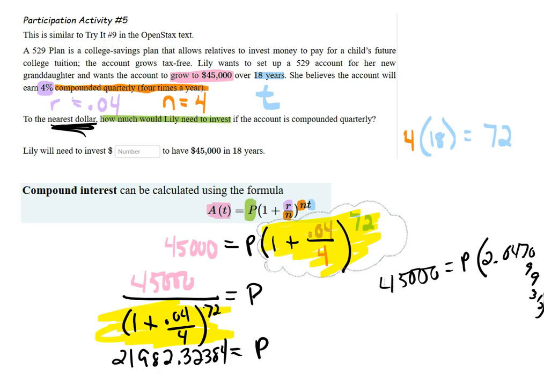The nearest dollar is the whole number, and the next number is a 3, so it's going to be $21,982. So if she drops off $21,982 at a bank with this type of plan, walks away for 18 years, when she comes back there should be $45,000 in there, in theory.